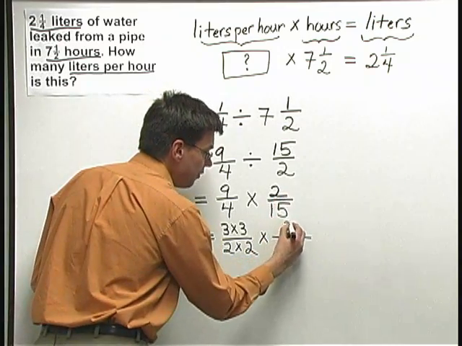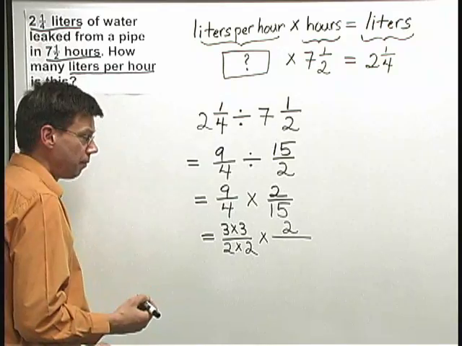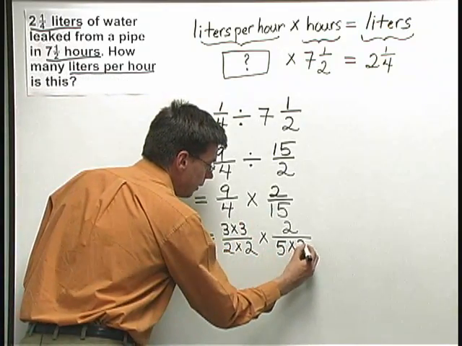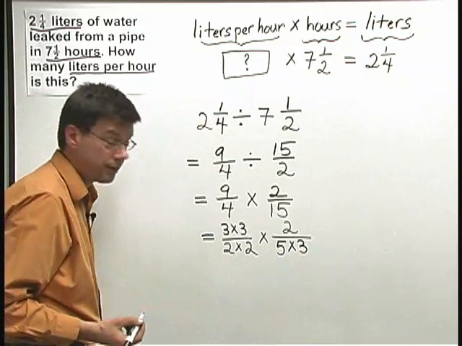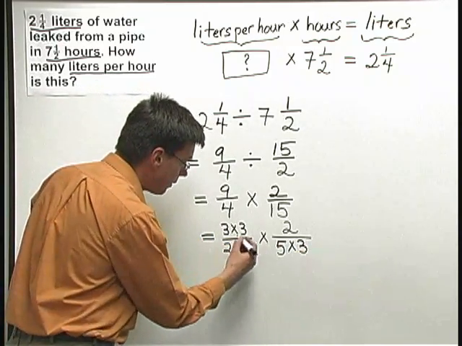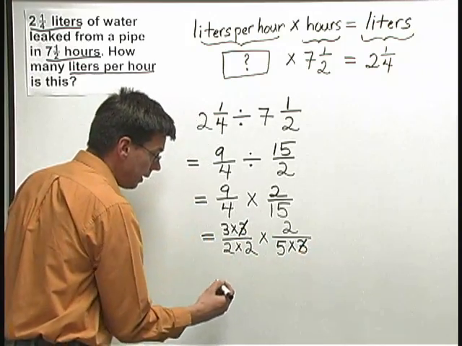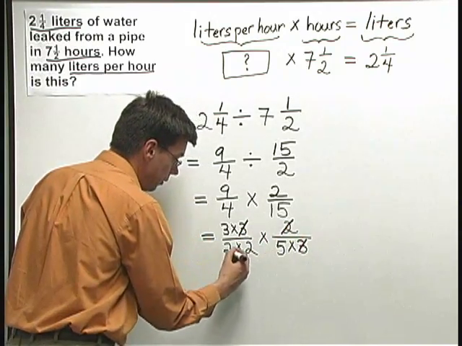Times 2 up above is prime. I just leave that alone. 15 I can break down as 5 times 3. And now I see that there is some canceling to do. I can cancel one of the 3's above with a 3 below. I can cancel a 2 above with a 2 below.